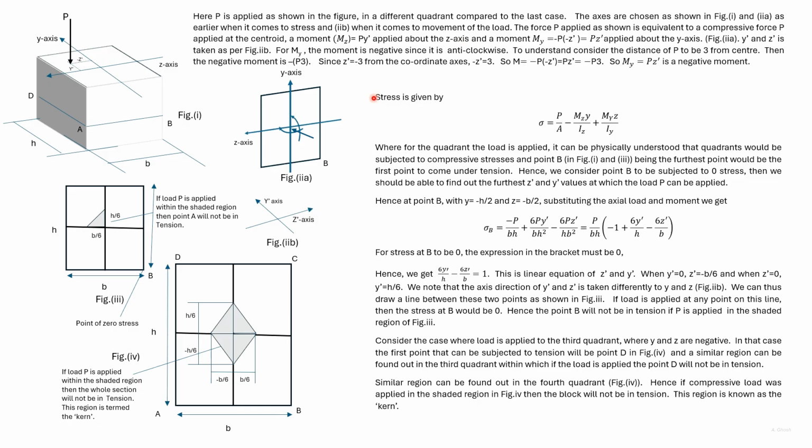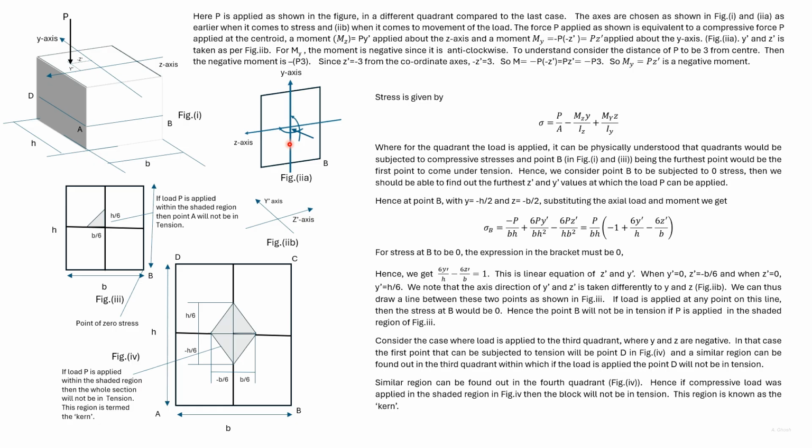Till now, we have chosen the coordinate axis so that it coincides with the moment vector, but here it is not the case. Here, if we consider this moment and the z-axis direction, then the moment vector does coincide with the z-axis direction.